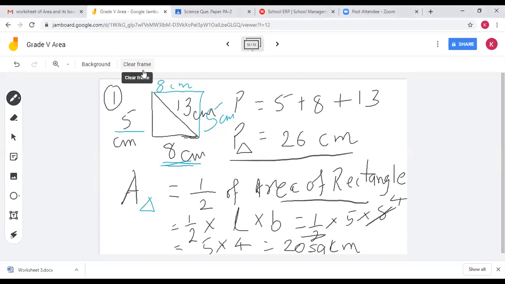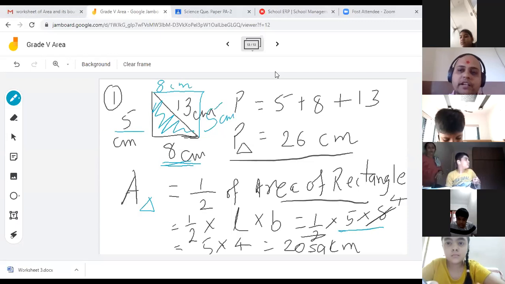What we are finding is for a triangle. As you can see, the triangle is nothing but exact half of the square. Initially it was 5 eights are 40, but 40 divided by 2 we must do all the time, and that is why the answer will be 20 square centimeters.